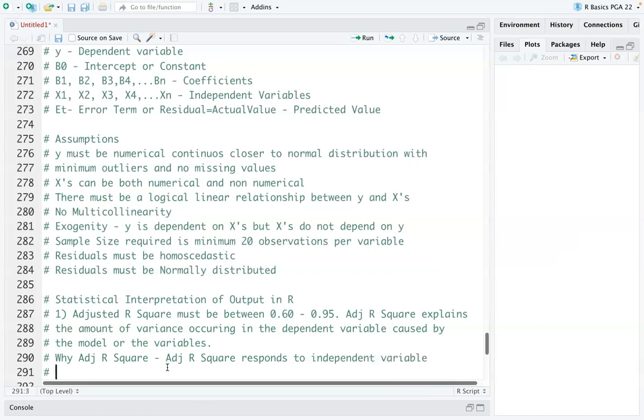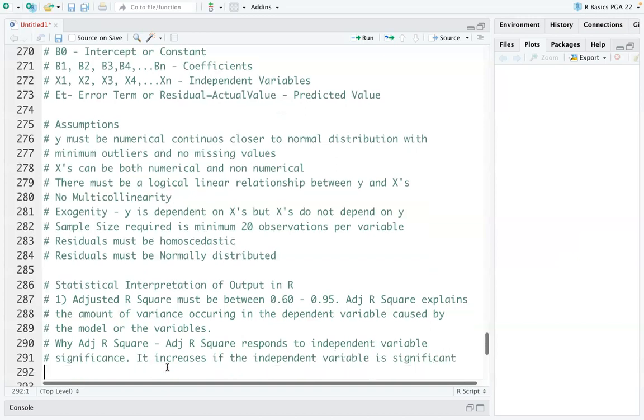Independent variable significance. It increases if the independent variable is significant, and decreases if the independent variable is insignificant.